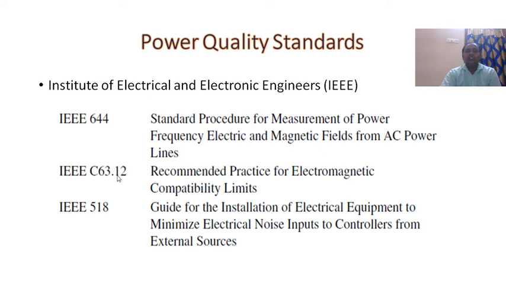IEEE C63.12 is the recommended practice for electromagnetic compatibility limits. IEEE 518 gives the guide for the installation of electrical equipment to minimize electrical noise input to controllers from external sources.